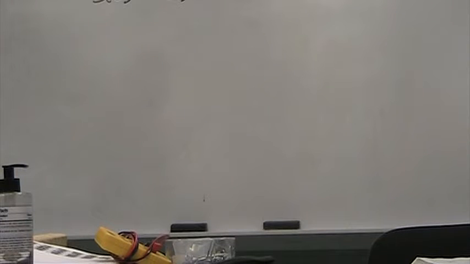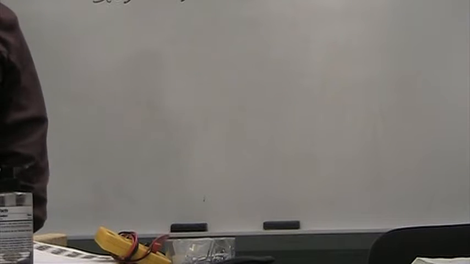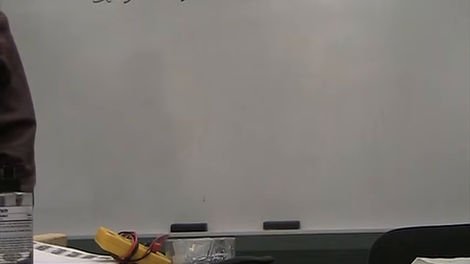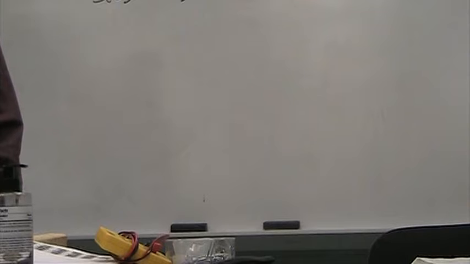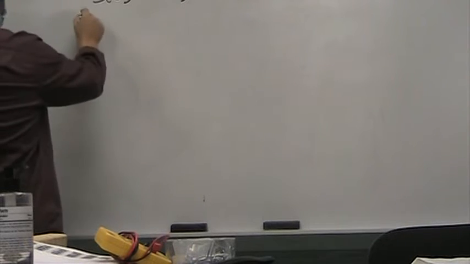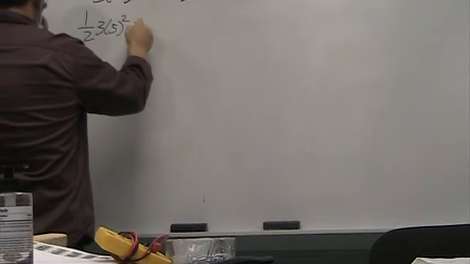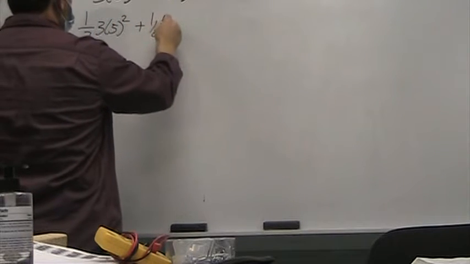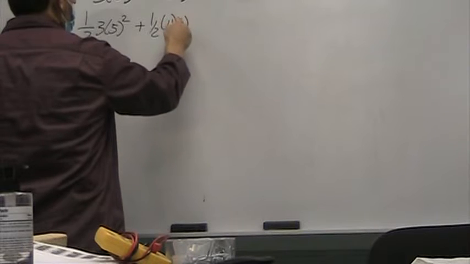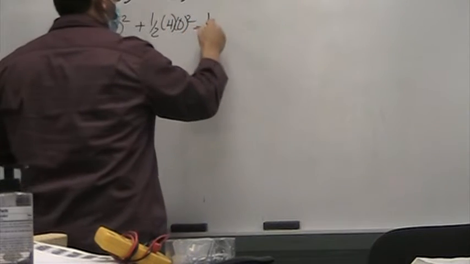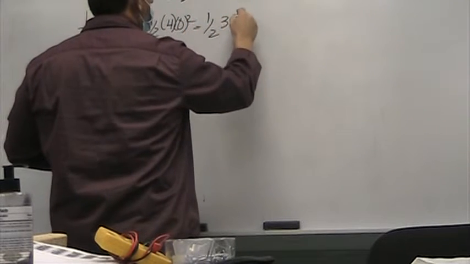Yeah, but you don't know. So here's the problem: one equation, two unknowns. But what was the physics definition of an elastic collision? Kinetic energy is conserved. Watch this. 1/2 times 3 times 5 squared plus 1/2 times 4 times 0 squared. And I'm going to give you some good news on this.